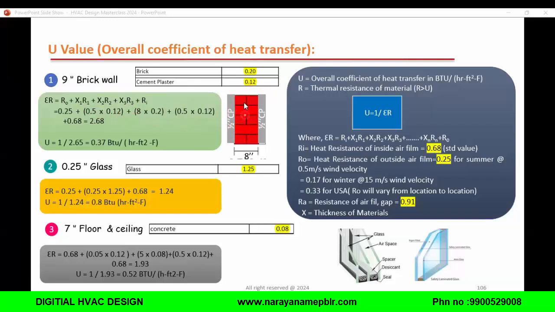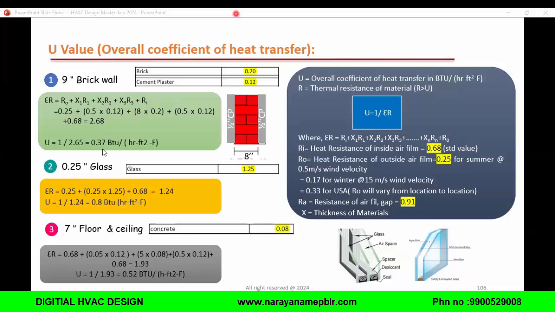Plus 8-inch brick, 8 into the resistance of the brick, 0.2, plus cement plaster, 0.5 half inch into its resistance, plus inside. Adding all the values, you will get 2.18. U is equal to 1 by 2.18, which is a typo earlier. You will get 0.37.